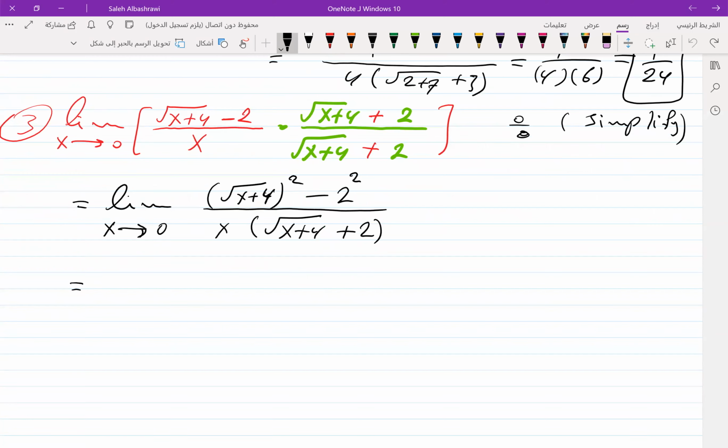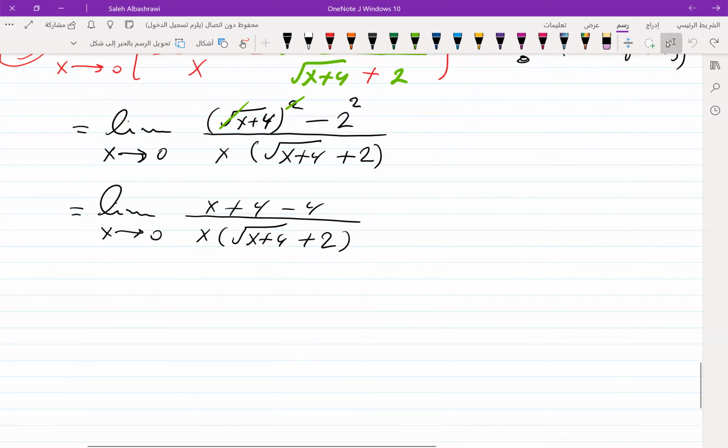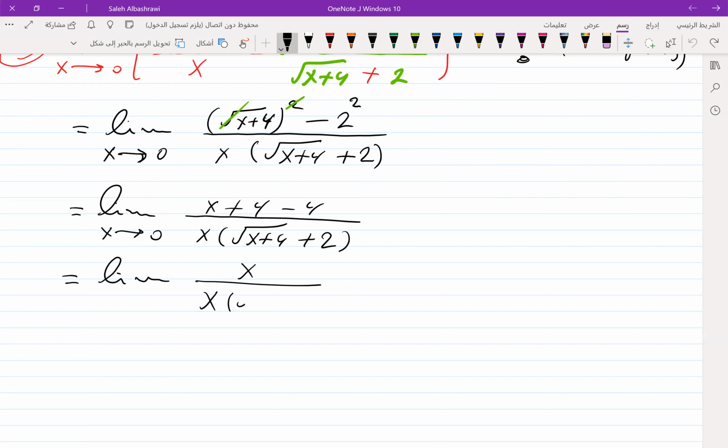This is equal to limit of, the square root will be cancelled with the square. So I will have x plus 4 minus 4 divided by x multiplied by square root of x plus 4 plus 2 as x goes to 0. This is equal to limit of x up divided by x times square root of x plus 4 plus 2, where x goes to 0.